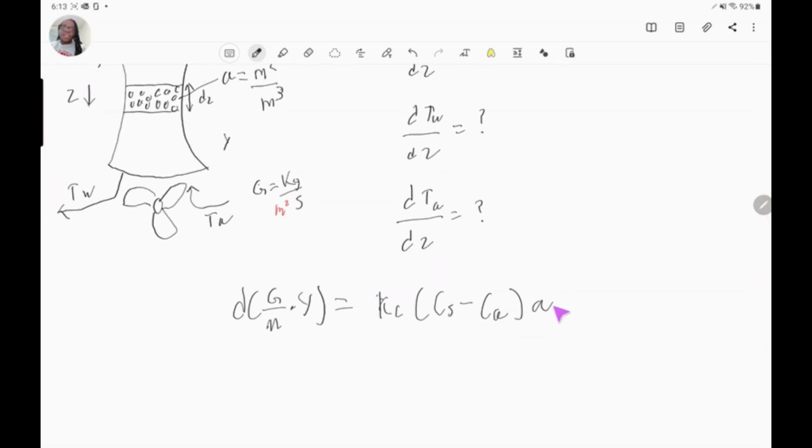And so we're going to multiply this by a volume. To do that, we're going to multiply it by our cross-sectional area times dz. Basically, cross-sectional area times our dz will effectively give us a volume to cancel that out.